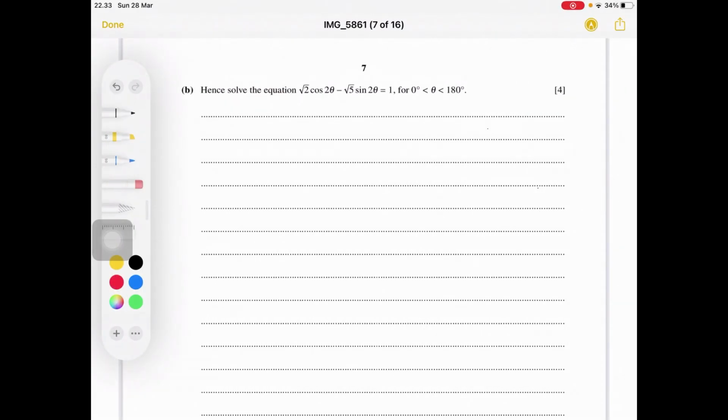5b. Hence solve the equation square root of 2 cos 2 theta minus square root of 5 sin 2 theta is equal to 1 for 0 degrees less than theta less than 180 degrees. From our previous result, we can write this equation as square root of 7 cos (2 theta plus the value of alpha). The value of alpha is 57.688 degrees, and that is equal to 1.